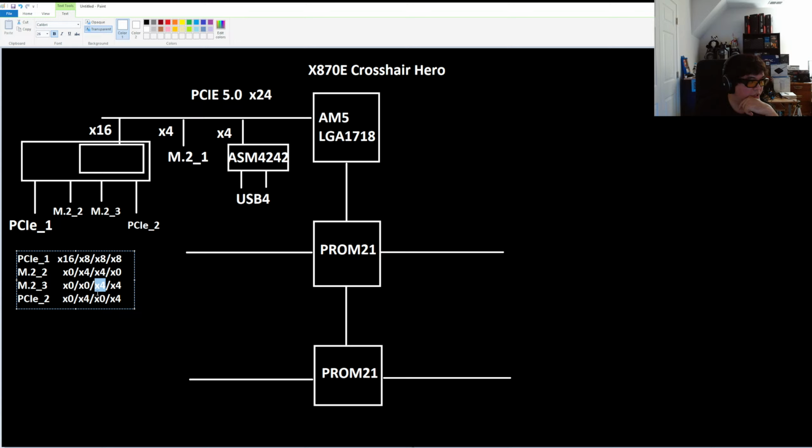When this is populated, okay, hold on, this is backwards. So this is 0, this is 4, this is 0, this is 4, this is also wrong. Hold on, so when this one is 4, this one is 0.